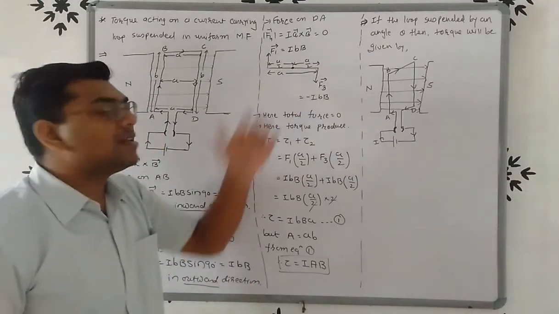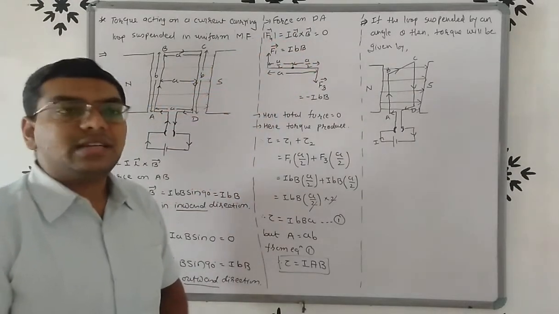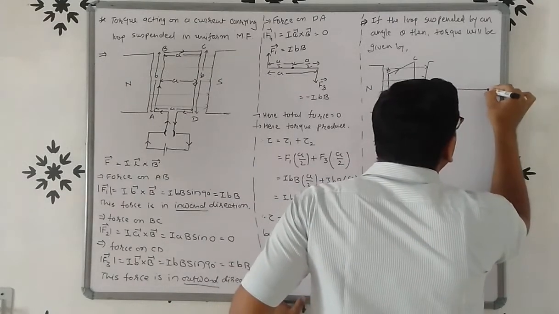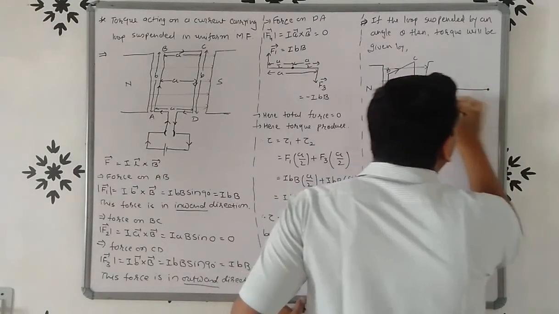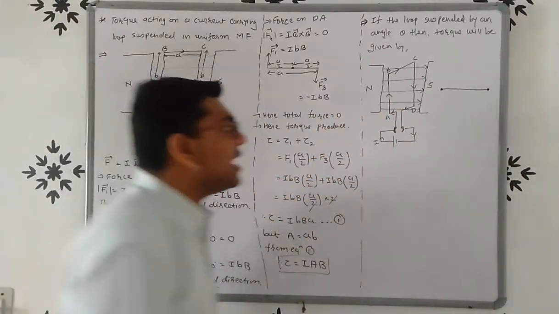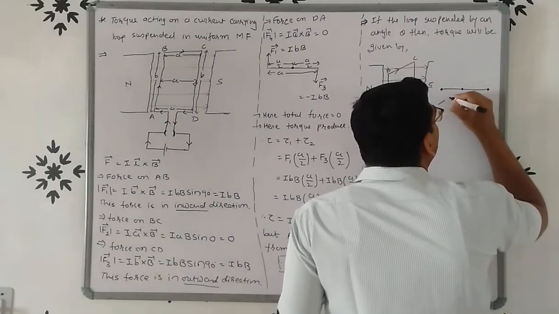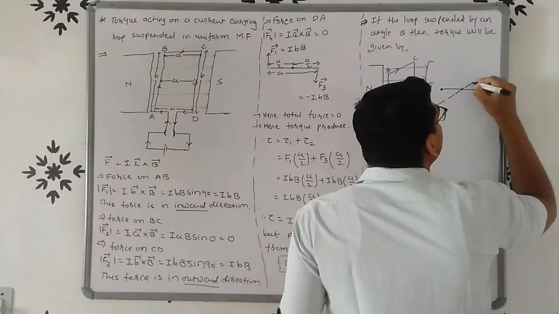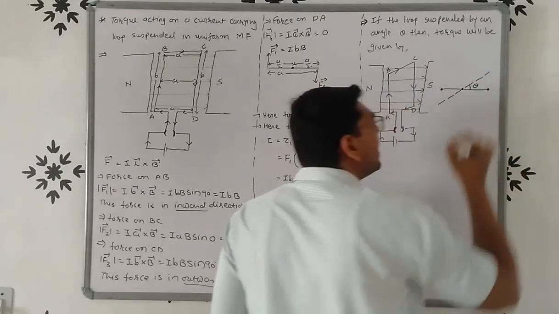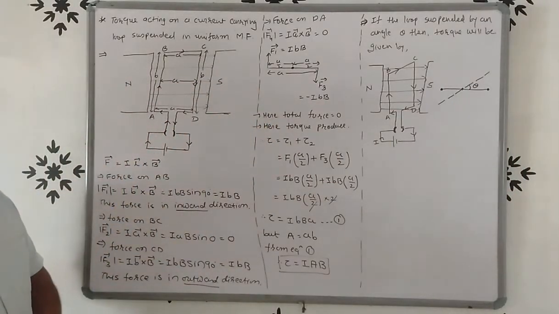Now, if this loop is suspended by an angle theta and we have to find out the torque, this condition will be like this. This axis will be at angle theta. This is the magnetic field, like this. This is the midpoint. So the loop is suspended by an angle theta, but the condition will remain the same, right?